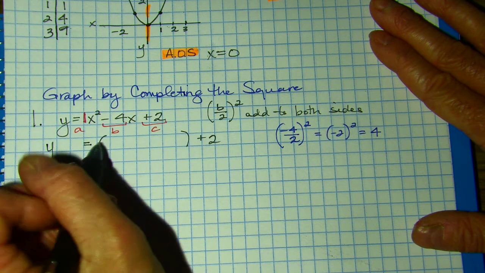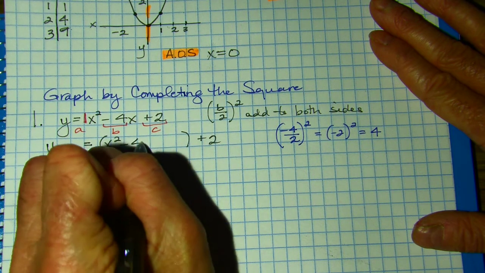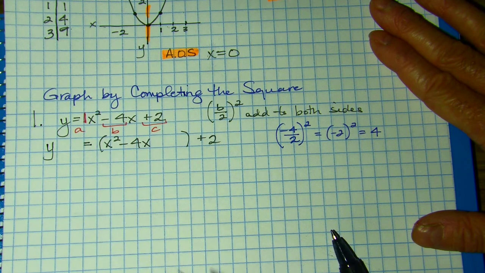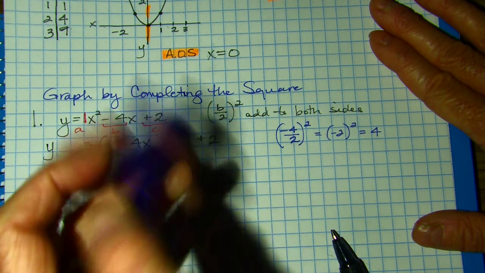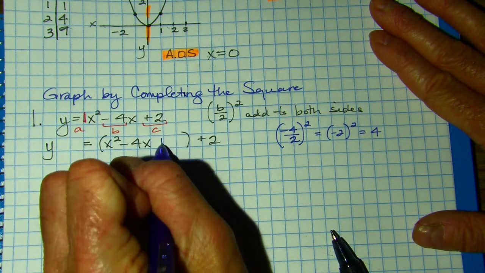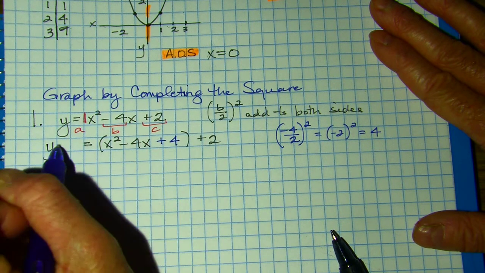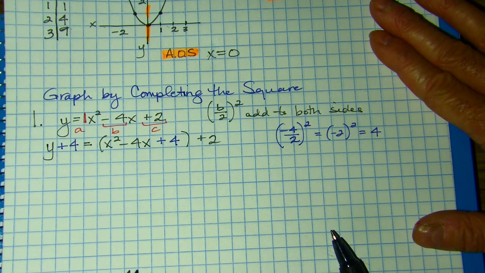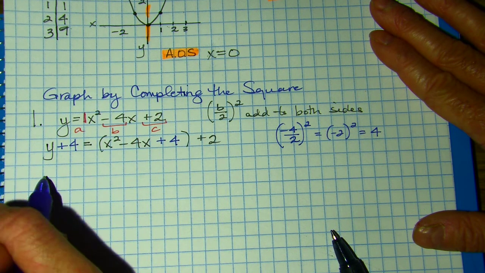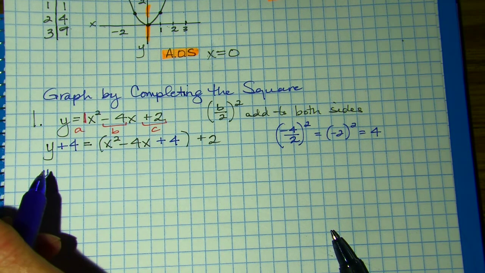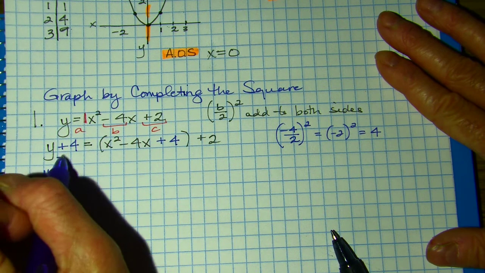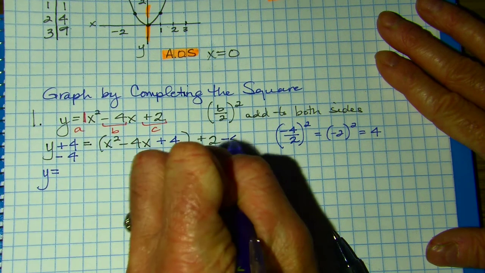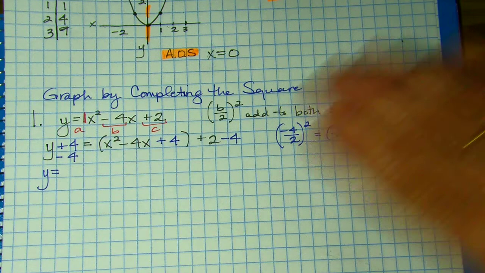So I'm going to write what I had before, x squared minus 4x. Notice I left a space on the left and a space inside because I'm going to complete the square. That's a 4, so I'm adding 4 here, and I'm adding 4 here. Okay? Now, I'm going to do a couple things at once. I'm going to subtract the 4, and I'm going to factor my parentheses.